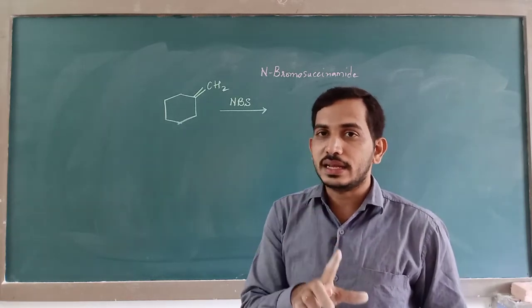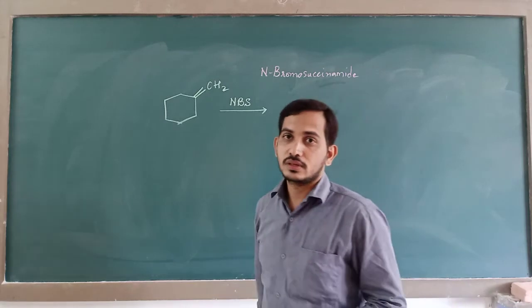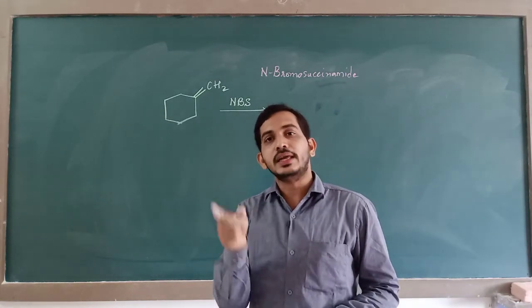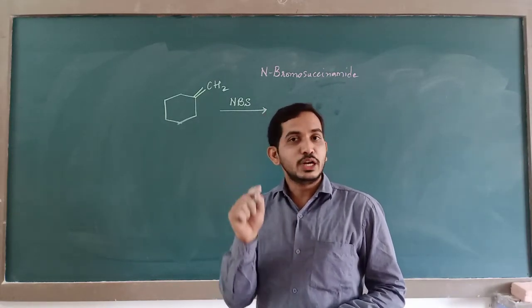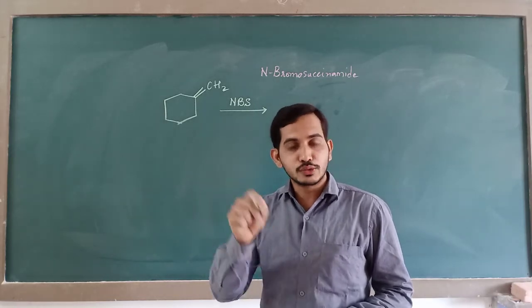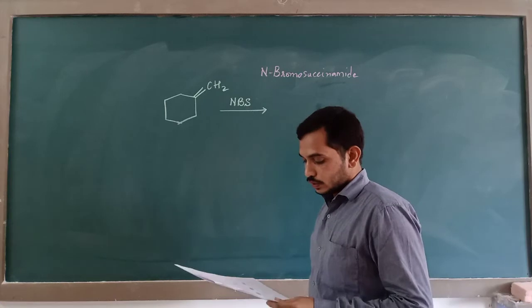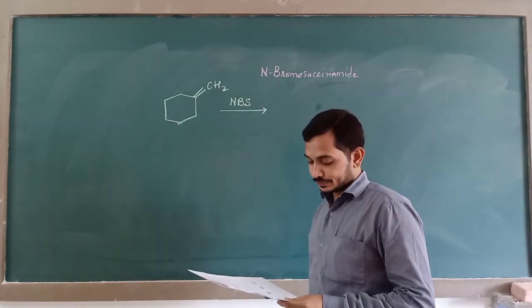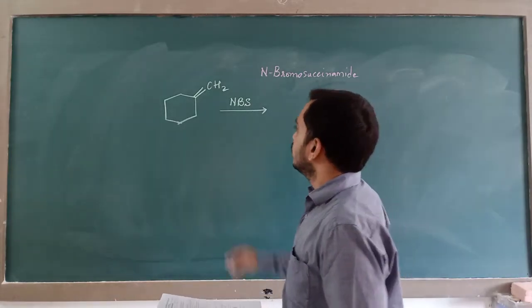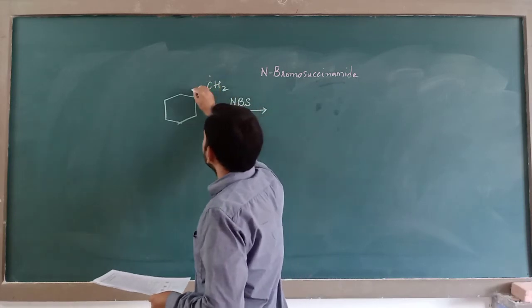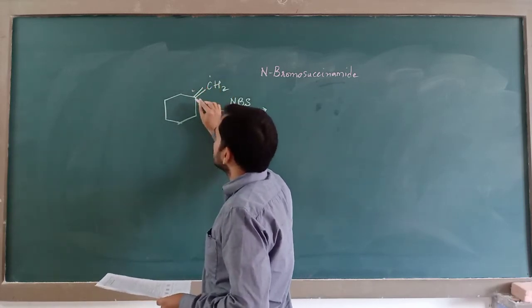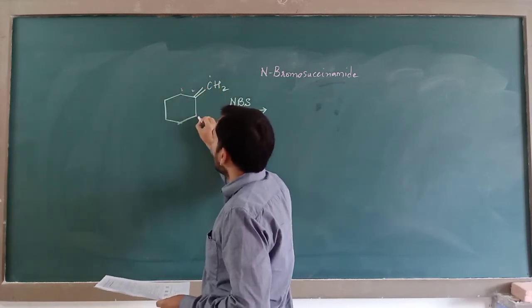There should be ethylenic compounds, means double bonded compounds. Cyclic compounds containing double bond in it. And where will it brominate? Where will it introduce bromine? In the allyl position. So what should be the correct answer? Now, if I count from here, allyl position should be either this one or this one.